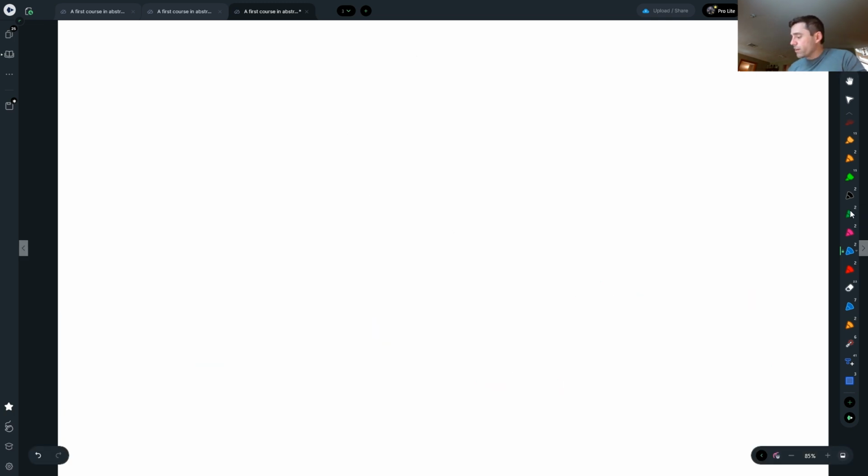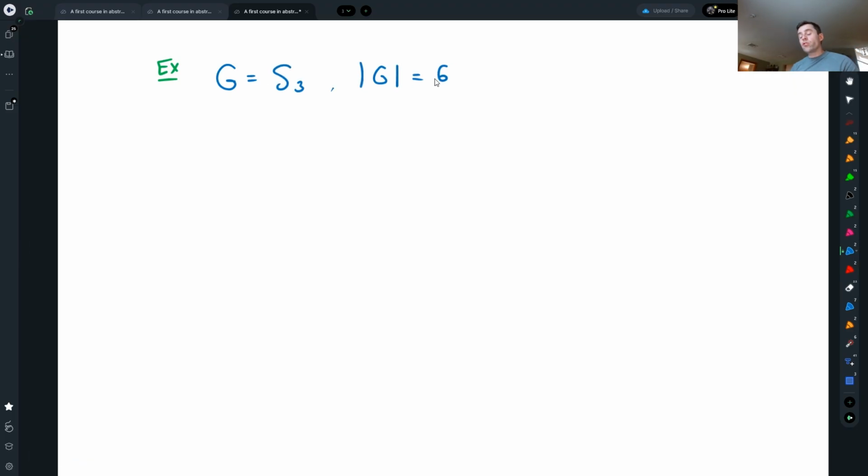Let me give you another example. Now G is going to be S3. The size of G is also 6, so there are also going to be non-trivial Sylow subgroups of order 2 and order 3. For a subgroup of order 2, we can take the subgroup generated by (1 2), so the identity permutation and (1 2), that is a subgroup of order 2.